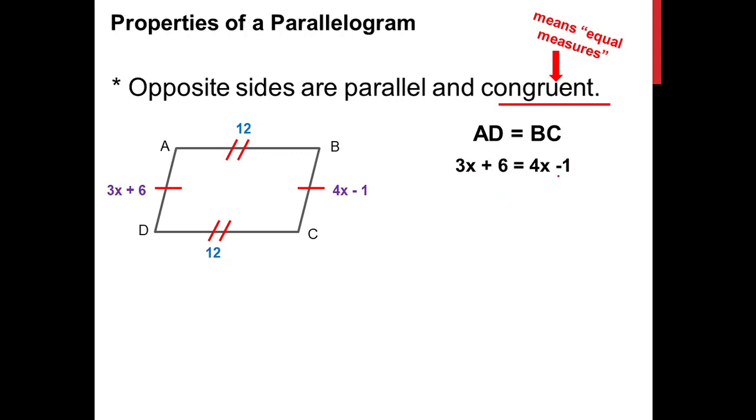Now, how do we solve for the variable x here? We need to group terms with variables and the terms which are constants. We need to group them together, which means on one side of the equation will be our terms with variables, and on the other side of the equation will be our terms which are constants.